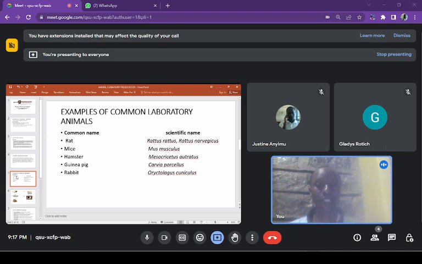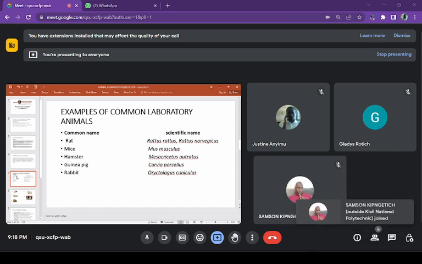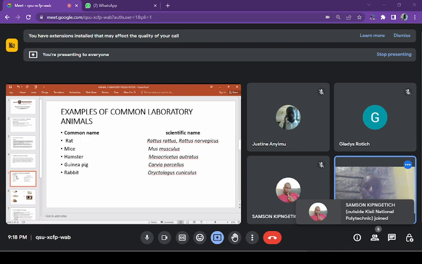The scientific name is Mesocricetus auratus, and also we have the guinea pigs, with the specific name Cavia porcellus. And lastly we have the rabbits as an example of those common laboratory animals, where the species we use is Oryctolagus cuniculus.